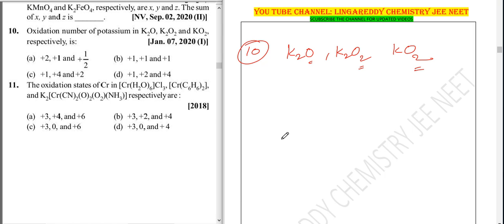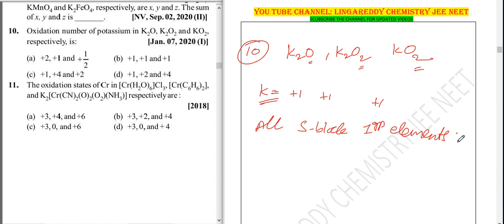So blindly you can give the answer plus 1, because all S block first group elements show plus 1, second group elements show plus 2. So lithium, sodium, potassium, rubidium, cesium are all only plus 1.